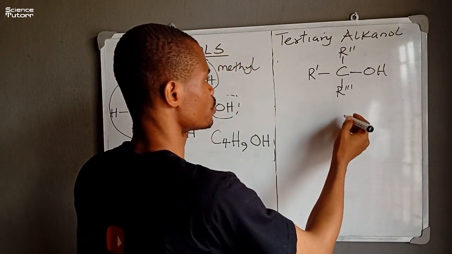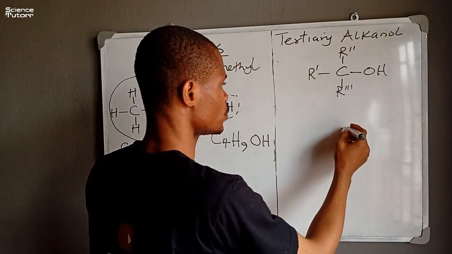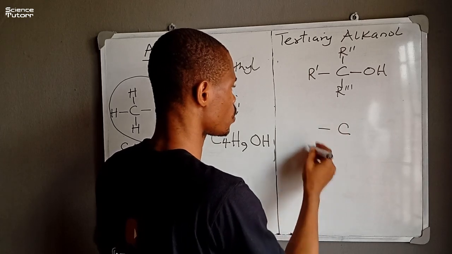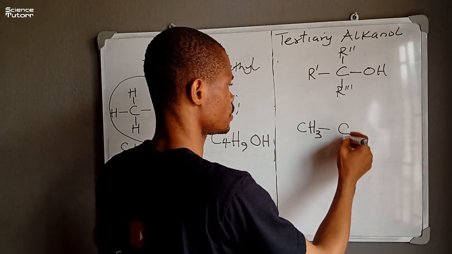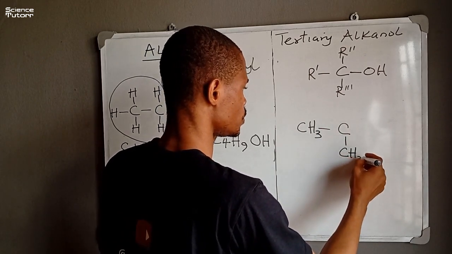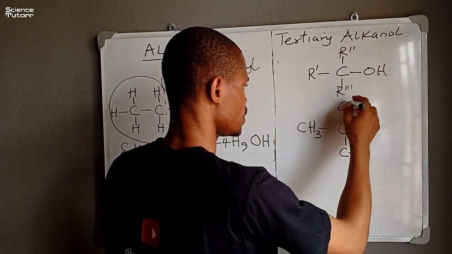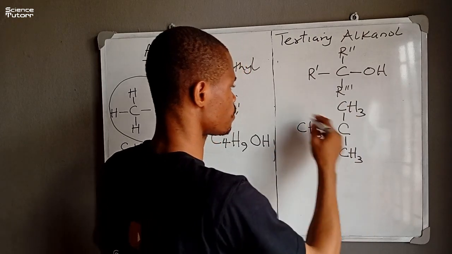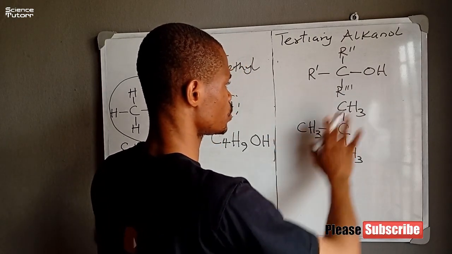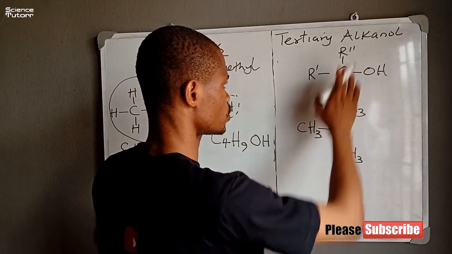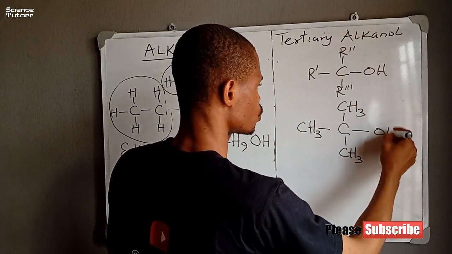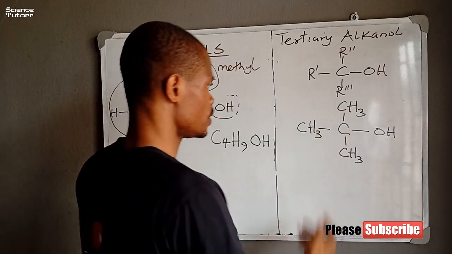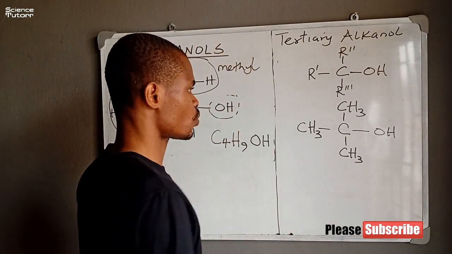For example, let's consider the alkyl groups to be all methyl, CH3, CH3, CH3. They are all alkyl groups, the same alkyl groups, but different branches attached to the functional group.